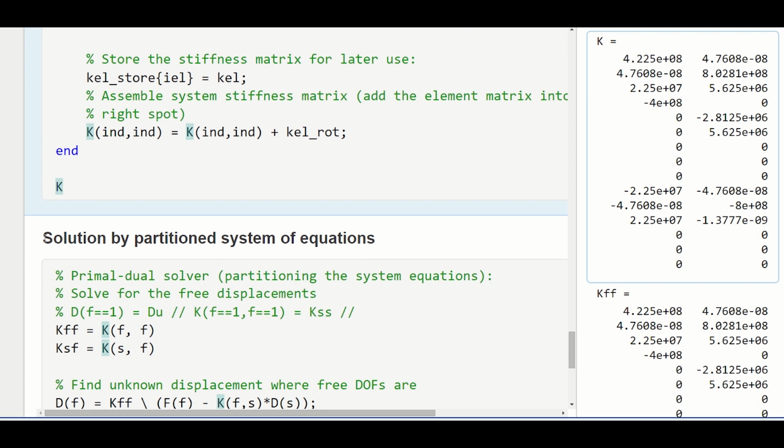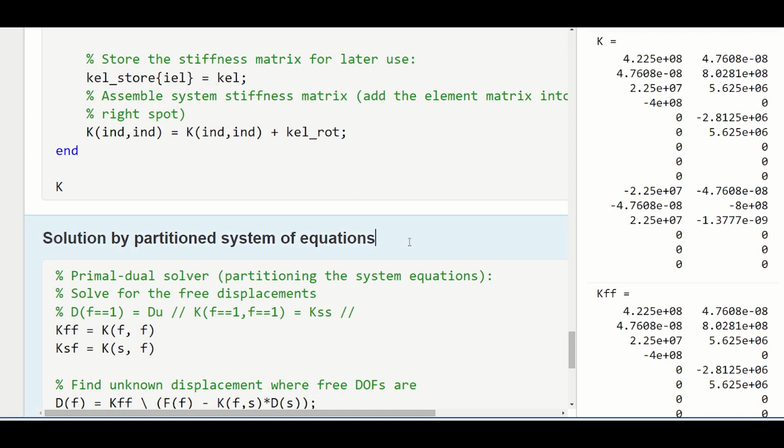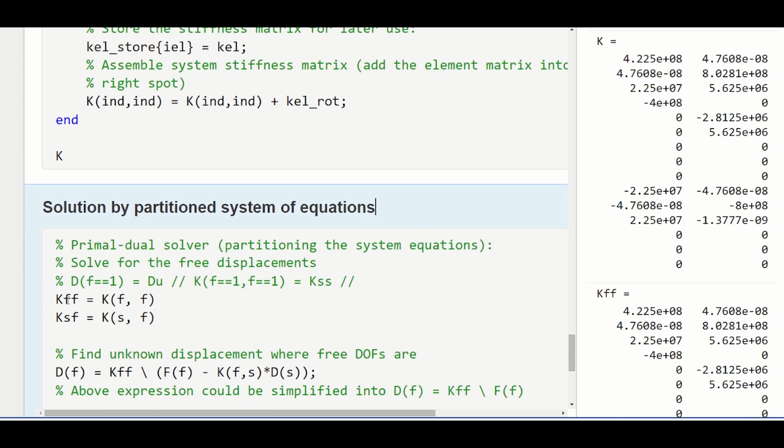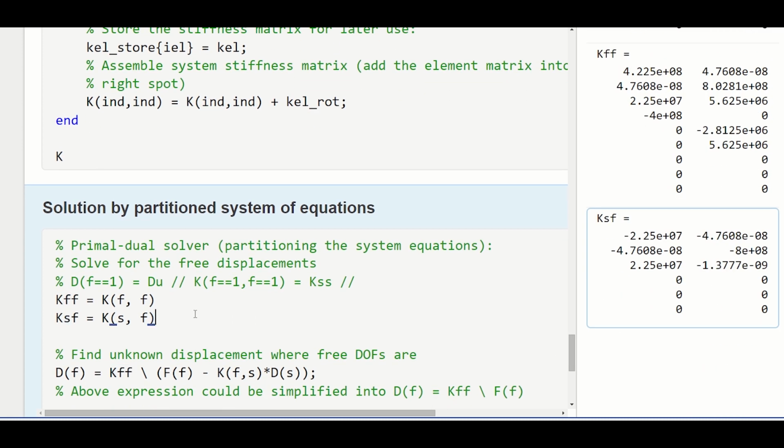Then now we can actually solve for the solver function. We've got partitioned systems of equations for the stiffness method. So we need KFF and then KSF. Basically we need like K11 and we need K21.